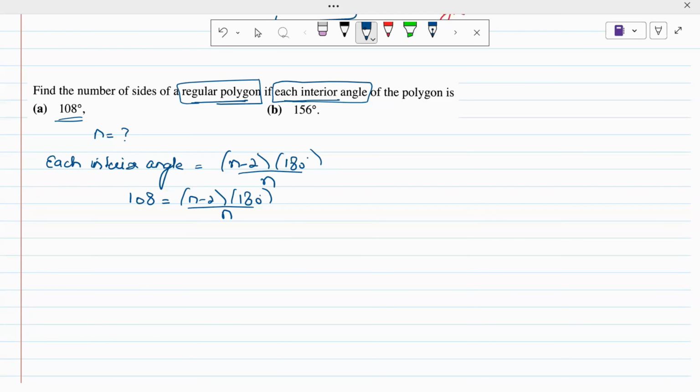upon n. And now we have to use a bit of algebra here, and for that, we do some cross multiplication. So 108 into n gives us 108n is equal to 180 into (n minus 2), that's 180n minus 360. Further, we'll do 180n minus 108n is equal to 360. 180 minus 108 is 72.